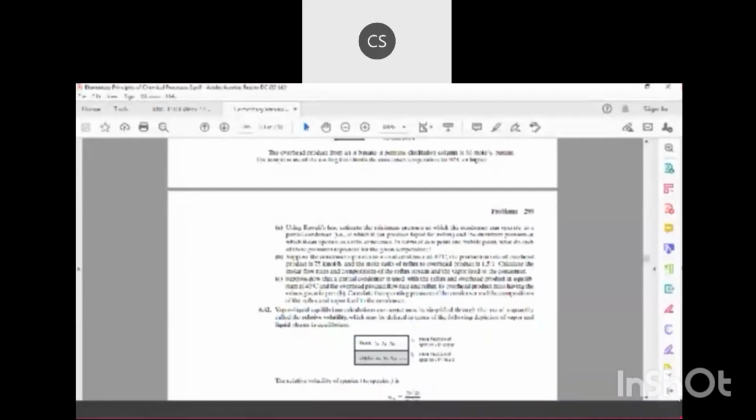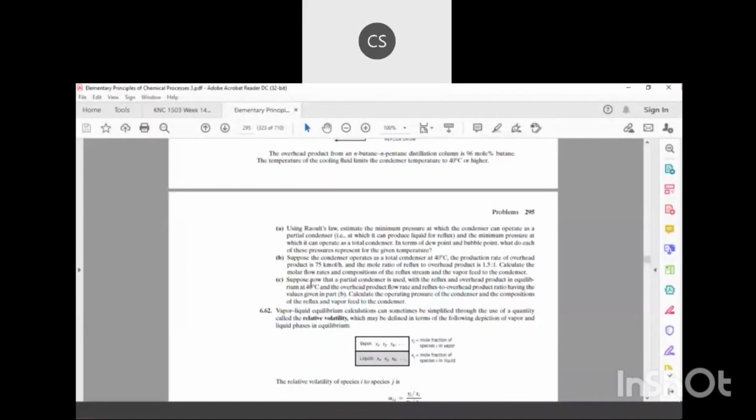Part C. Now suppose that a partial condenser is used, and the reflux and the overhead product are in equilibrium at 40 degrees Celsius, with the overhead product flow rate and reflux to overhead product ratio having the values given in part B, which is 1.5 to 1.